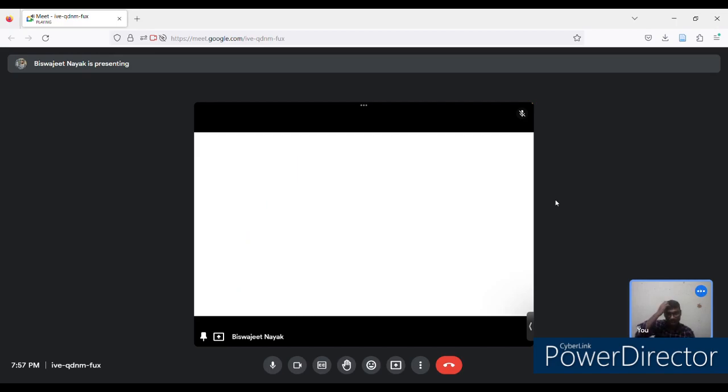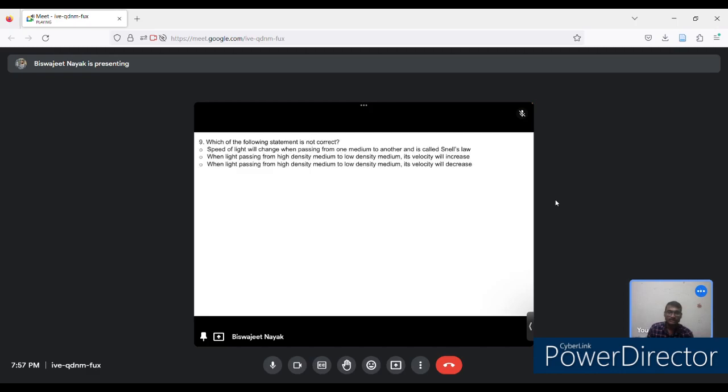Which of the following is not correct? The speed of light will change when passing from one medium to another, and this is called Snell's law. Yeah, that is correct. When light passes from a high density medium to a low density medium, its velocity will increase. When light passes from a high density medium to a low density medium, the velocity decreases. This is incorrect.